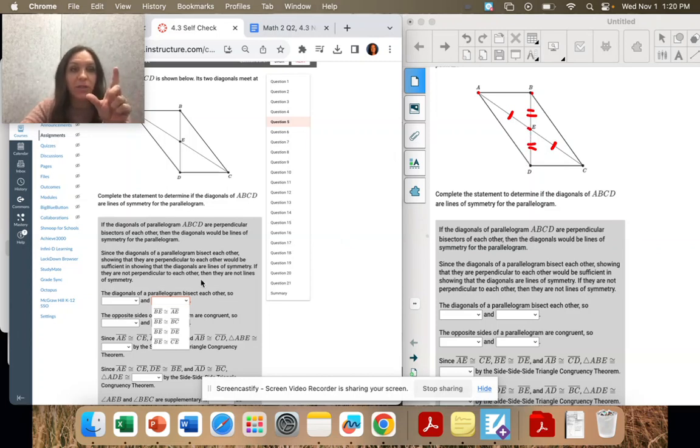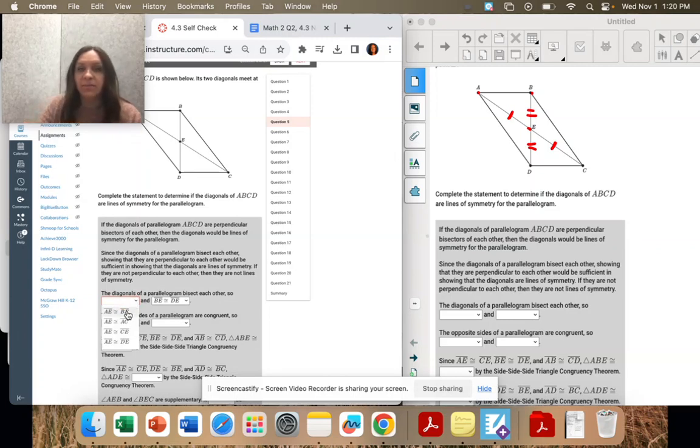It's the same endpoints. That's all we're looking at. So that one. And then here, A to E is congruent to E to C or CE. We can flip those if we need to. So it looked confusing. There were a lot of options. It's just asking for which lines are the same length.